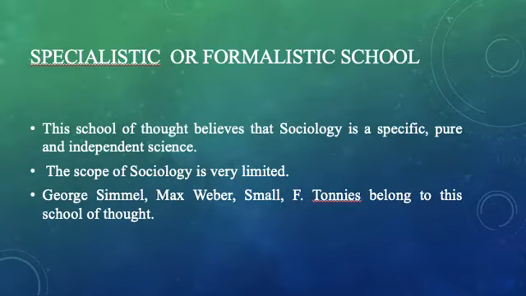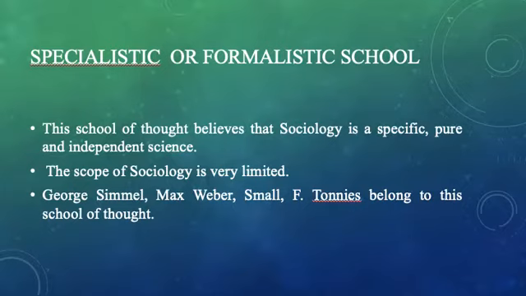Specialistic school or formalistic school. A specialistic school of thought is also known as the formalistic school of thought. This school of thought believes that sociology is a specific, pure and independent science, and that the scope of sociology is very limited.